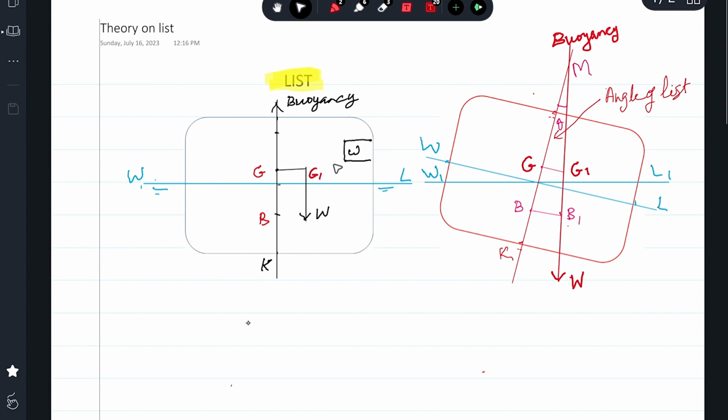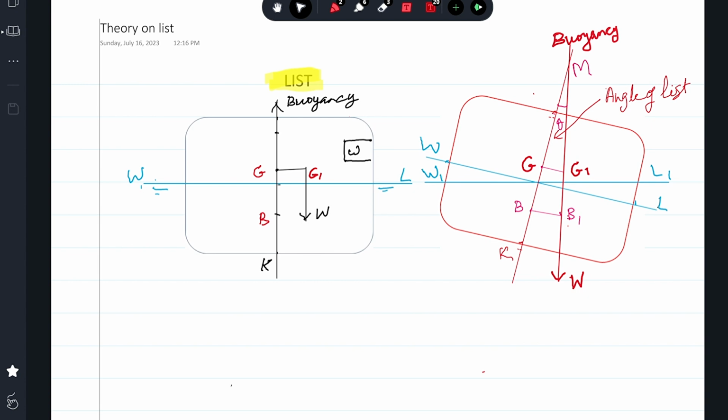But this slant shift we split in two parts: one is horizontal shift and then vertical shift. The vertical shift of the center of gravity will affect KG of the vessel, and the horizontal, transverse shift will affect the ship's list condition. Ship will not be upright, ship will list.